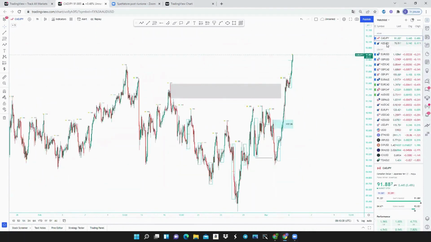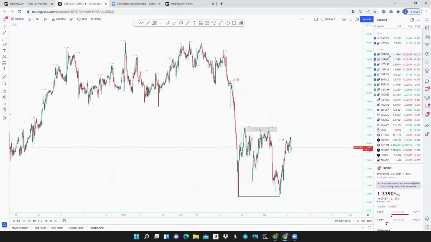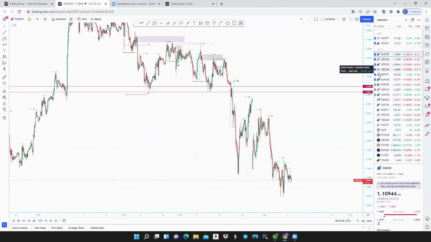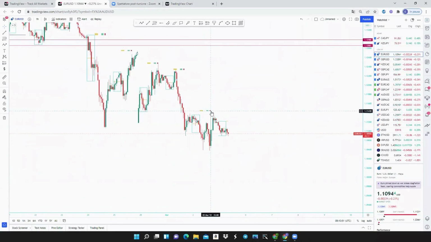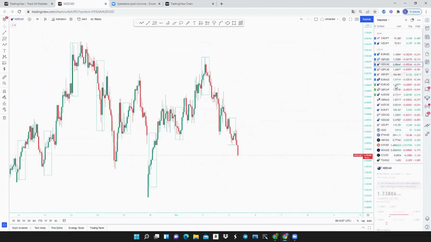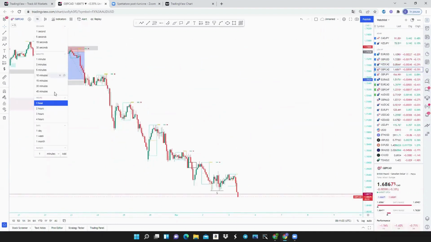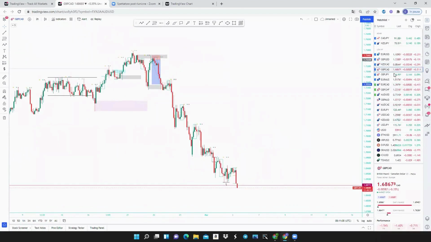CAD/JPY, nothing. NZD/JPY, same. Not really interested in anything. NZD/CAD bearish overall. Just looking if there is any GBP/CAD we covered already.